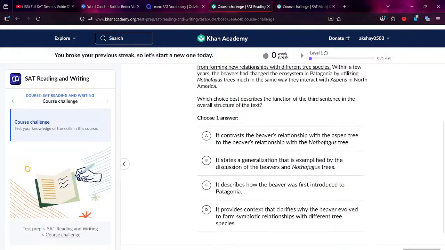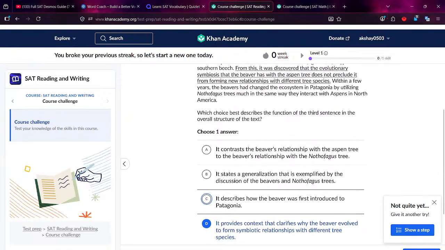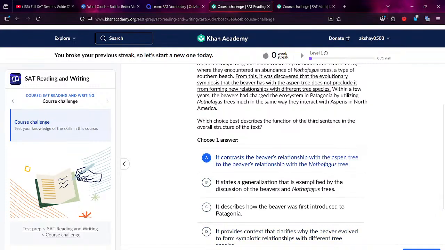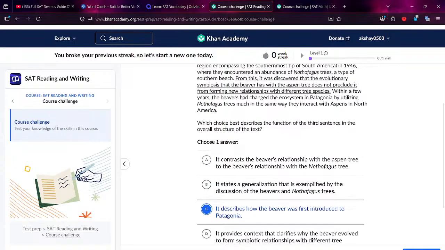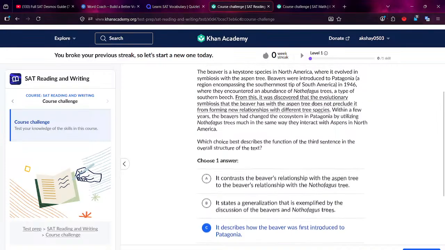Kind of makes sense. It contrasts the aspen tree versus. It doesn't really do that. It states a generalization. I think it dispels the generalization. How the beaver was first introduced, no. Yeah, it provides context, right? That clarifies why the beaver evolved to do this. Okay, so it's wrong. What could be the right answer? How the beaver was first introduced, it doesn't say that. Oh, okay.